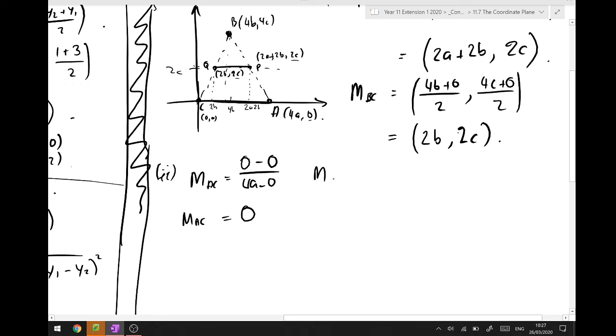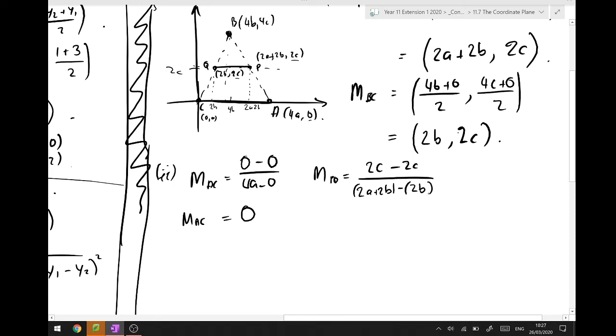Now the gradient of PQ is equal to, okay, so P's y value is 2C, minus Q's, which is 2C, so the y values are both the same. Over the x value of P, which is 2A plus 2B, minus the x value of Q, which is 2B.